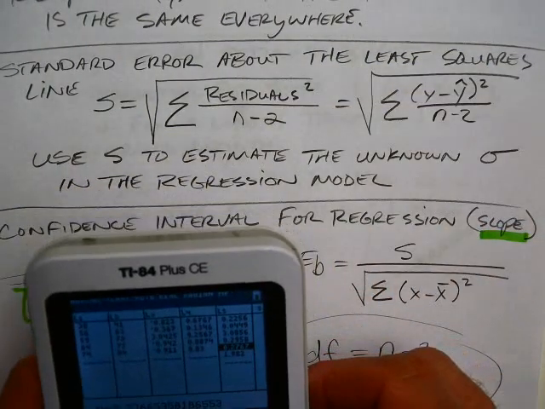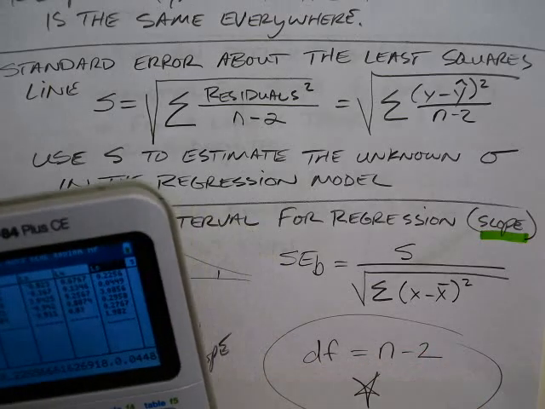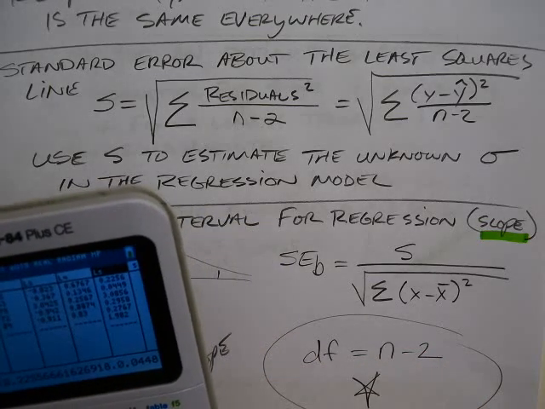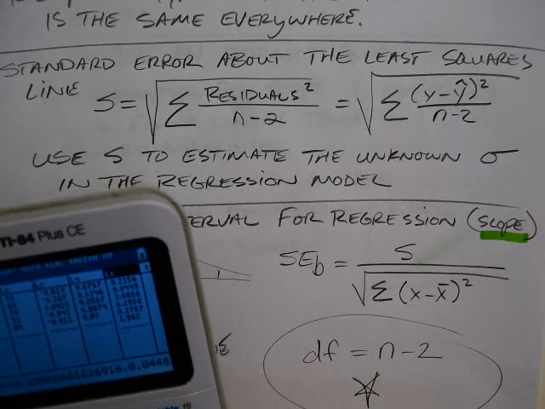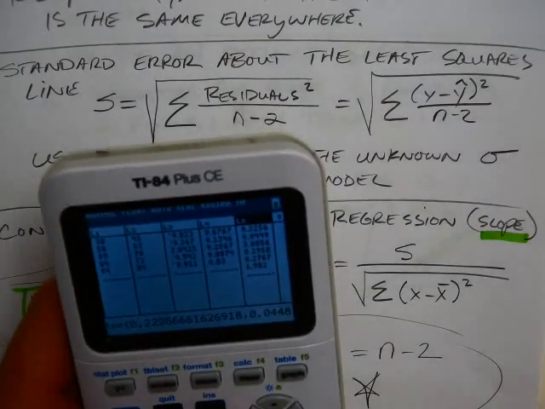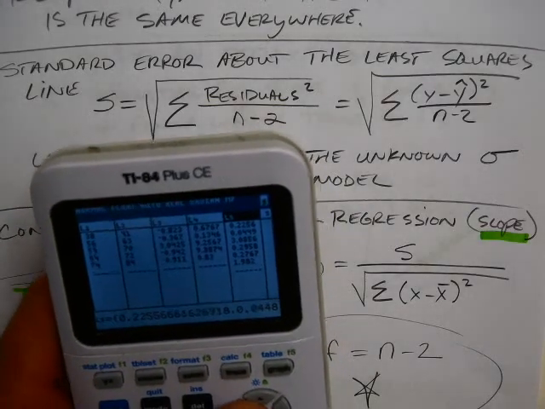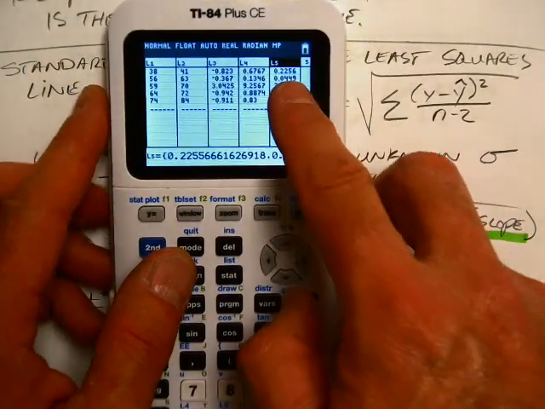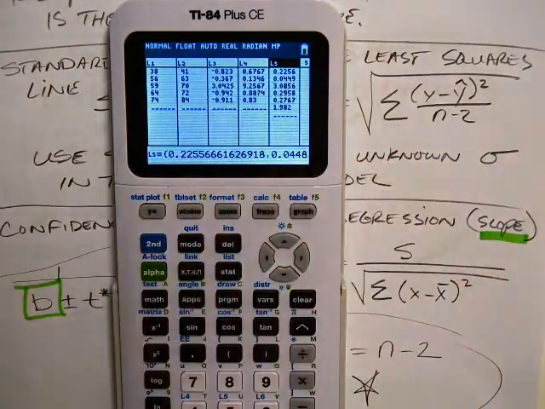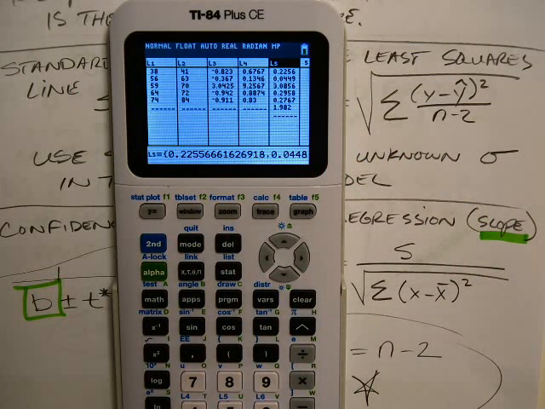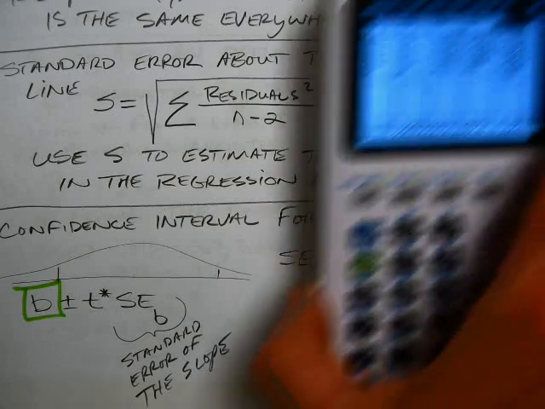Wait a minute. You're right, it does. What did I do? I keep saying subtracting, but no, I divided. Sorry about that. You divide by n minus 2.